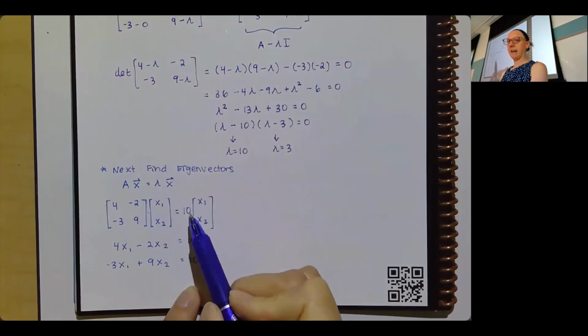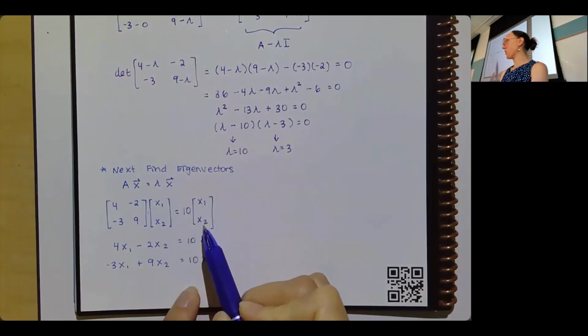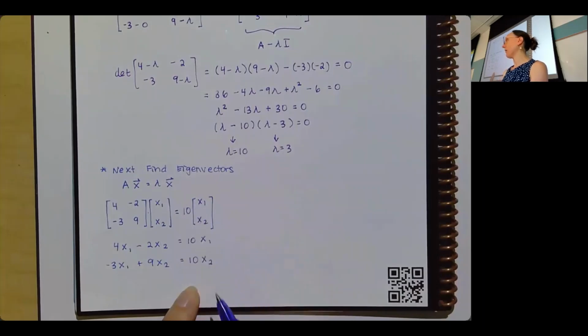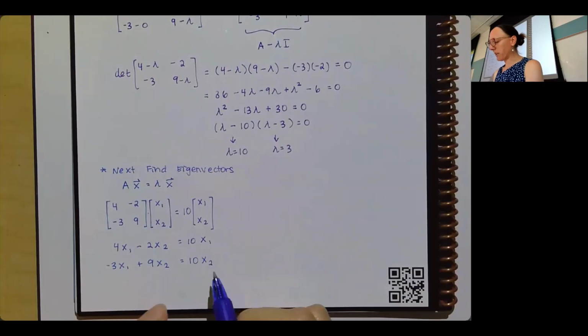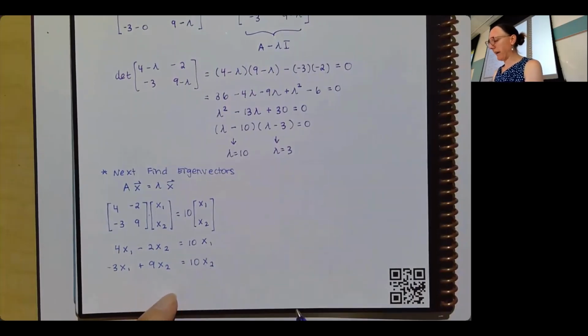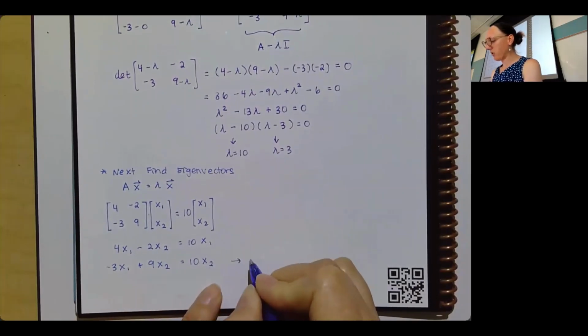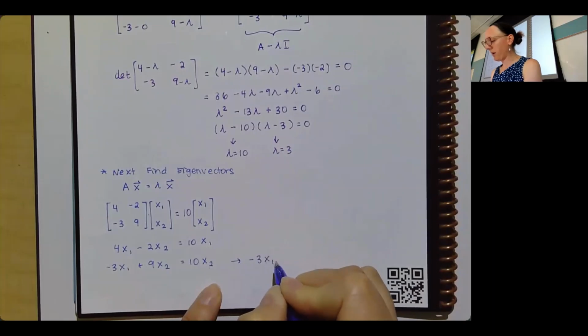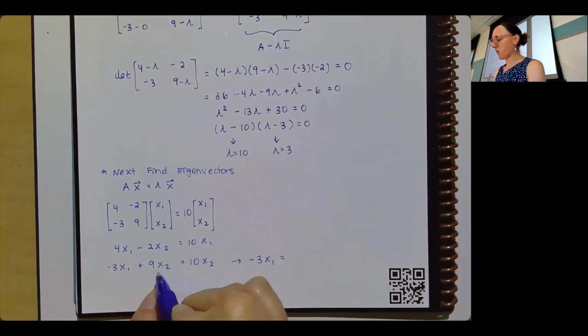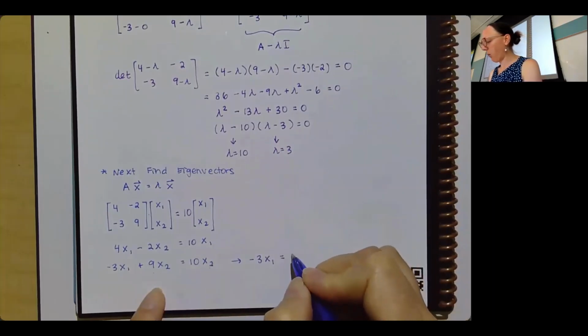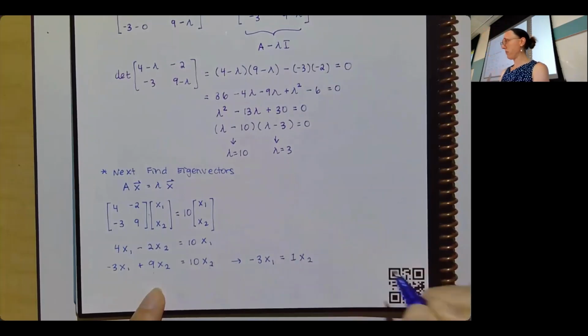So I've got like 10 times x1, 10 times x2, if I did the multiplication over here. Okay, so the bottom equation, I'm gonna get all my x2s on the right-hand side. So that's gonna look like -3x1. If I subtract 9x2 from both sides, I've got 1x2.